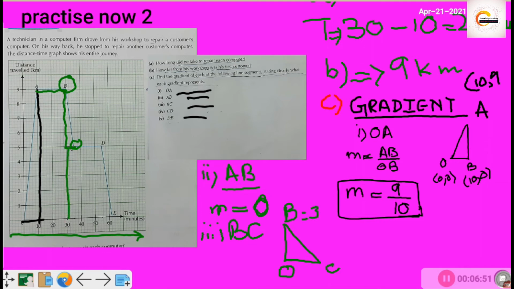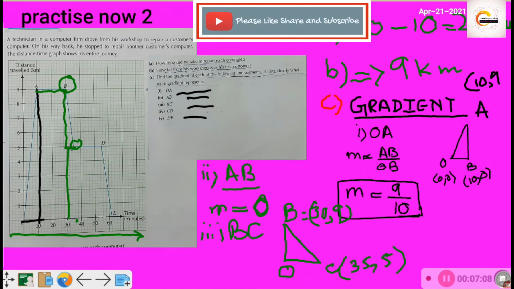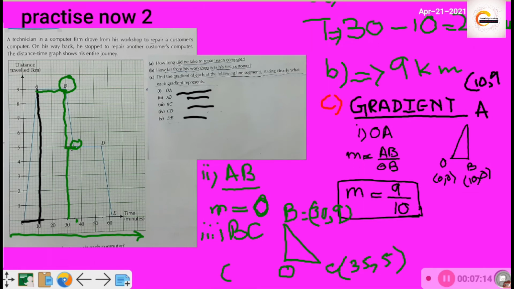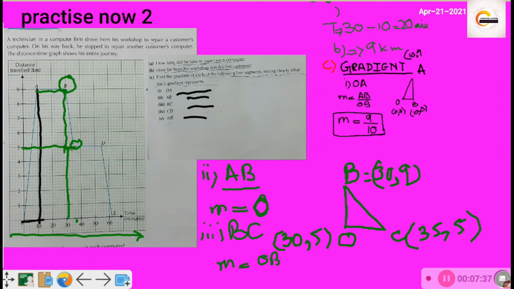At point B, the coordinates will be (30, 9), at point O the coordinates will be (30, 5), and at point C our coordinates will be (35, 5). For gradient, we have to calculate OB upon OC, where OB is going to be 9 minus 5, and OC is going to be 35 minus 30. So it's going to be 4 upon 5.